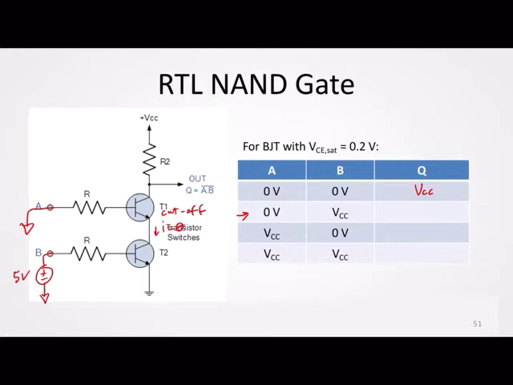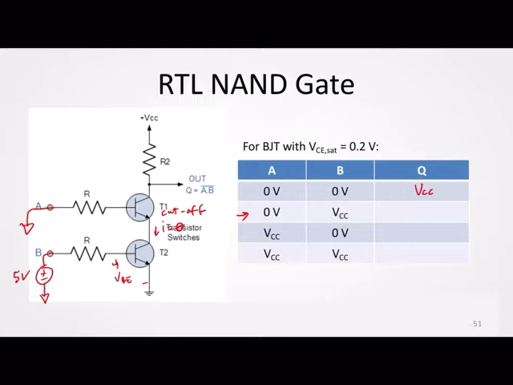So, even if you have 5 volts at the input, you're turning on this VBE here, but the transistor will still not saturate, it will not have current because it's connected to an open circuit.